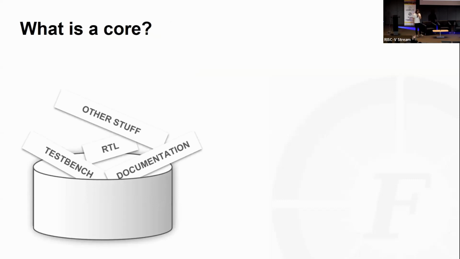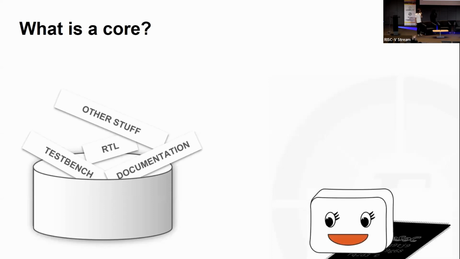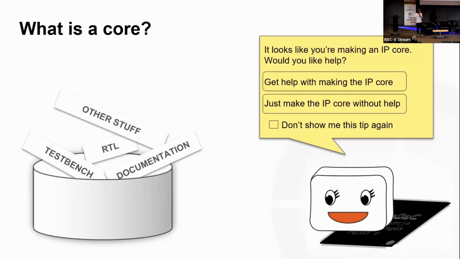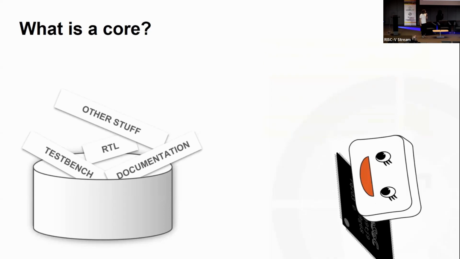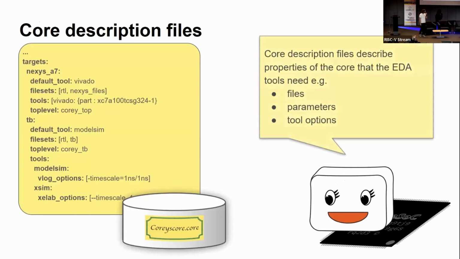Now, next question then is, how do we make this a FuseSoC-compatible IP core? We might need some help for that. Luckily, we have a friend who can help us with that. This is Corey McCoreface. She's a packager herself, so she knows all about how to make packages. So Corey, first thing Corey will tell us is to create a core description file.